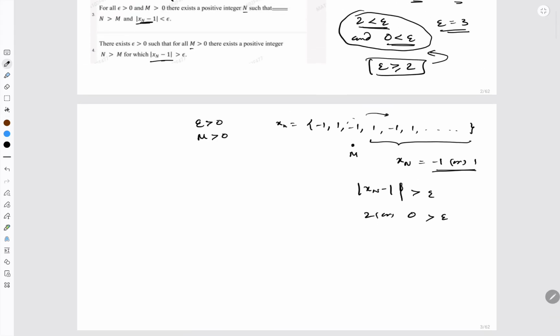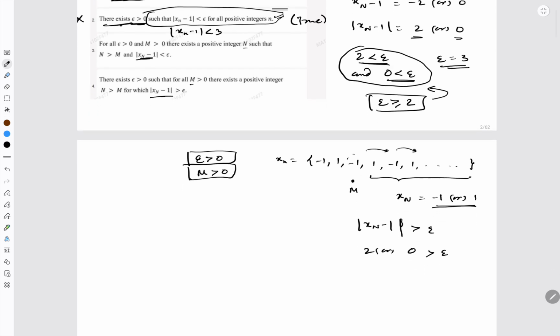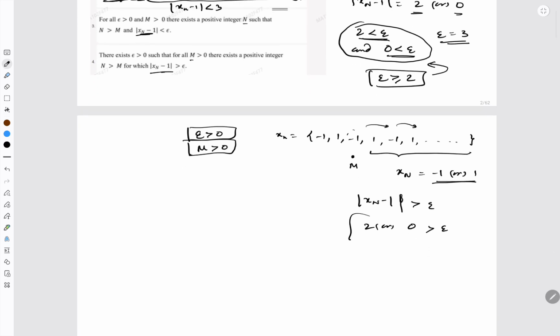So let us reframe the question. Let us re-understand the question. It is saying for all epsilon greater than 0 and for all these indexes m, there exists a positive integer, that means an index after that m, such that this condition holds. So to hold this condition, the value can be either 0 or 2.